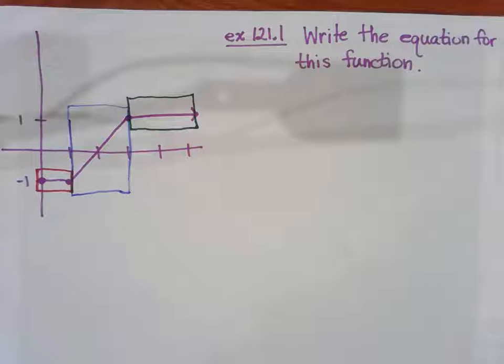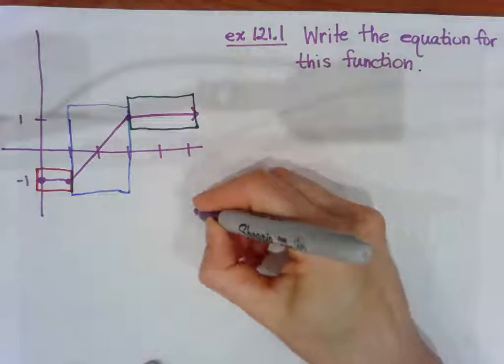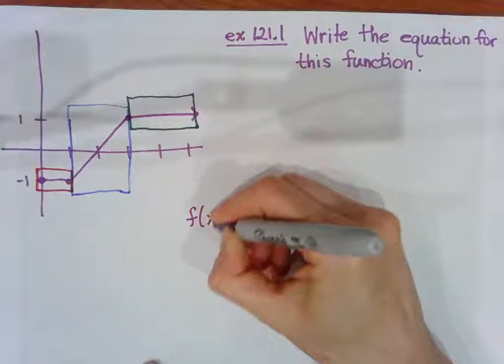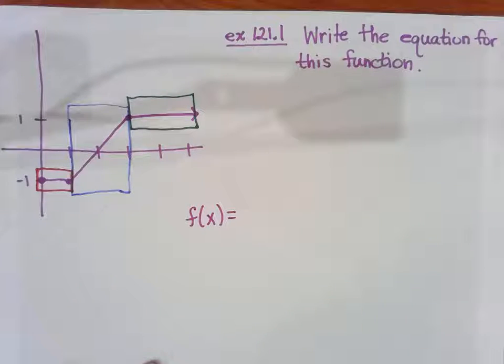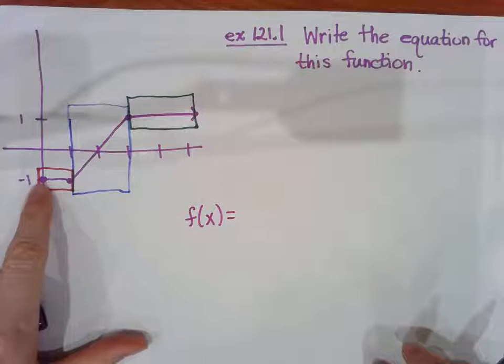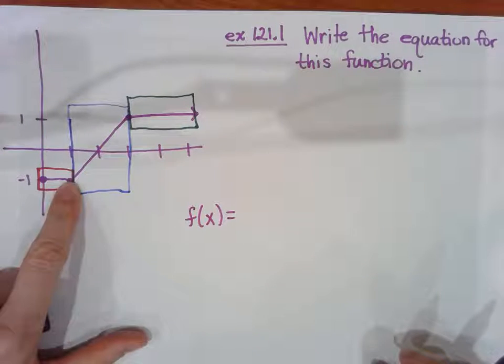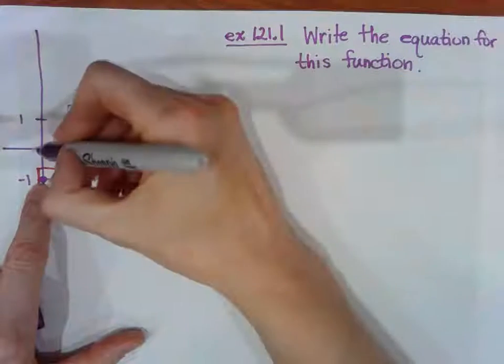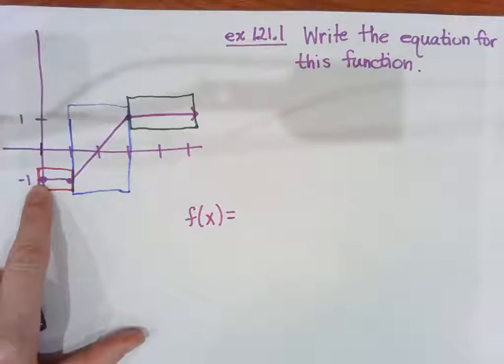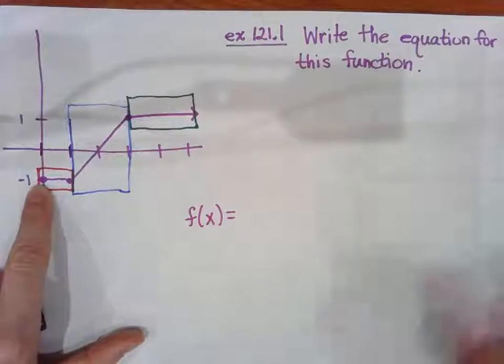Okay, and that's very easy to take care of. We just define it a piece at a time. So if we were to write the equation for this function, we'd say f of x equals, and then we break down the domain into pieces. Well, here we've got just this horizontal line between an x value of 0 and an x value of 1.